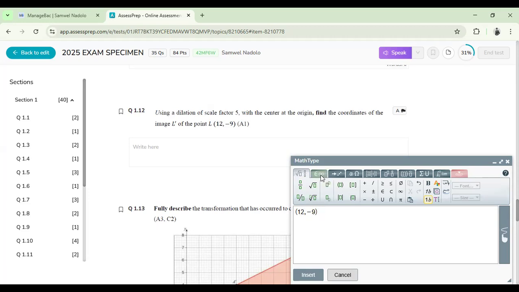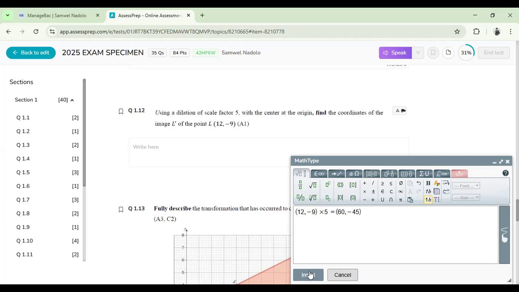You're going to multiply this by 5. So that means each coordinate you have there, you have to multiply it by 5. And that is how dilation occurs. So 12 times 5 is 60, and negative 9 times 5 is minus 45. So that is your answer.